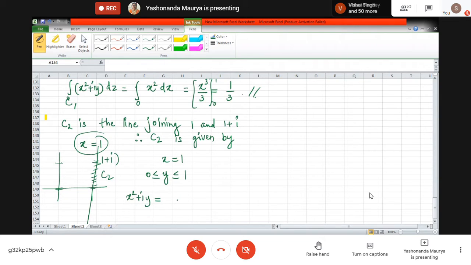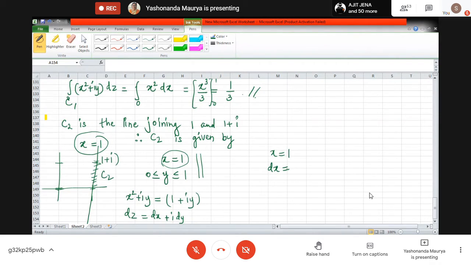What will be the simplification over here? We will put x equal to 1. So when I put x equal to 1, it will be 1 plus iy. Now we need to simplify this dz term. dz is dx plus i dy. But then x is equal to 1. Therefore, what can we say about dx?